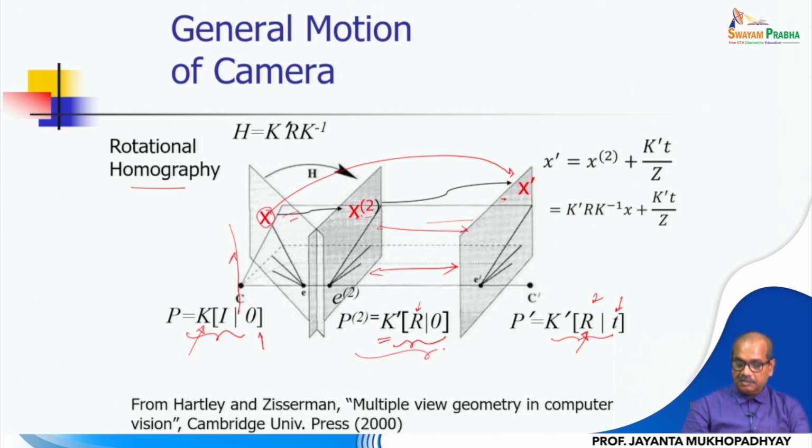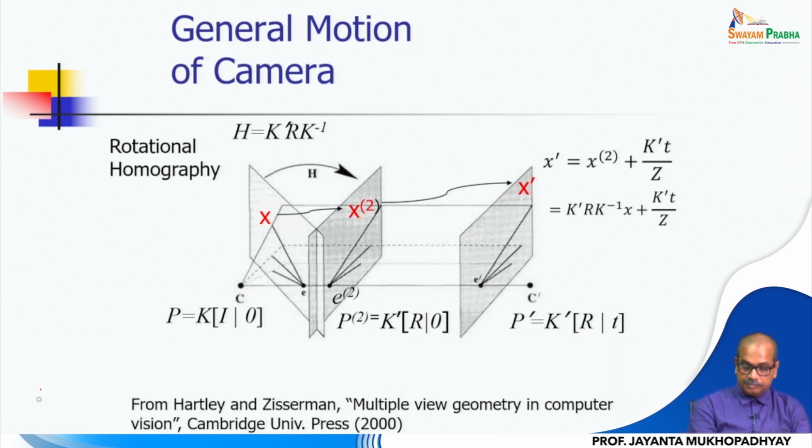So with reference to these two cameras, they do not have any rotation among them. Their rotation matrix is identity, and note that the center of this camera is at the origin. So it satisfies the other property of the stereo configuration.